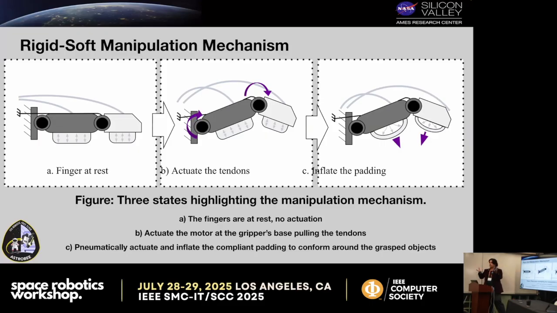That way it conforms perfectly around a spherical object or another complex object of your choice. So it doesn't really matter what object you're grasping, whether it's a screwdriver or something bizarre like a star shape. The soft padding will conform around it, which is different from traditional rigid grippers, like Astrobee's perching arm gripper, which is specifically designed to grasp a handrail or a linear object like that.